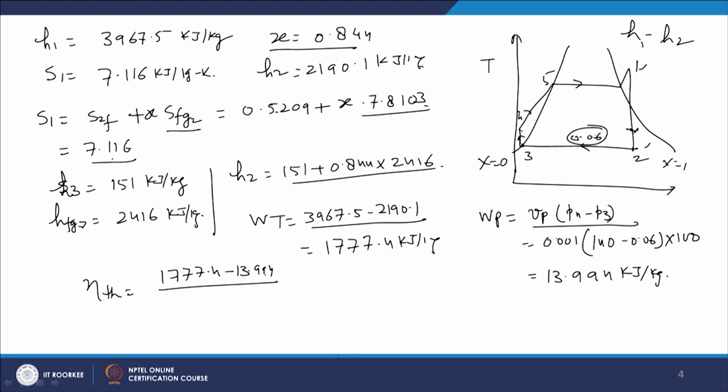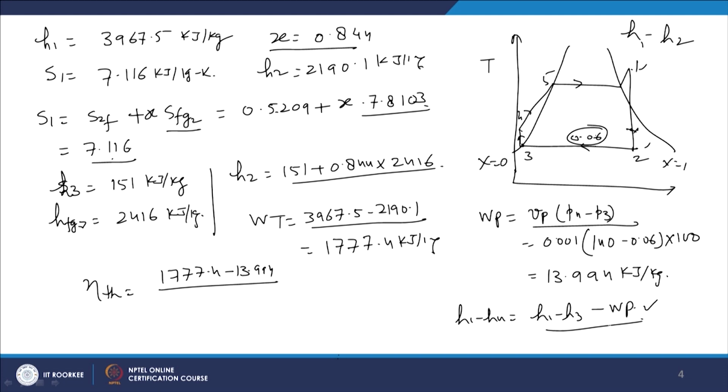Net heat supplied in the cycle is H1 minus H4. H1 is with us, H3 is with us, but H4 is not with us, right? So, in order to find H1 minus H4, we will take H1 minus H3, plus work of the pump. Sorry, this is not plus, this is minus. So, H1 minus H3 minus pump work.